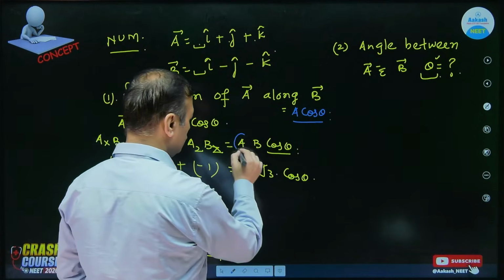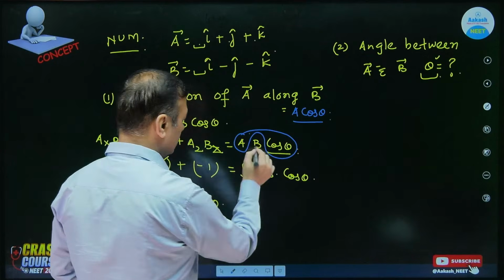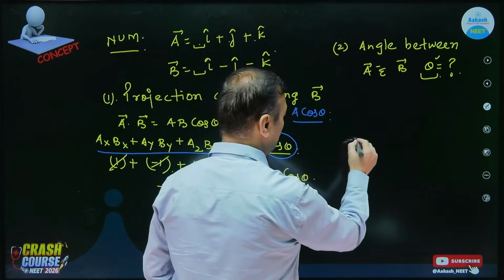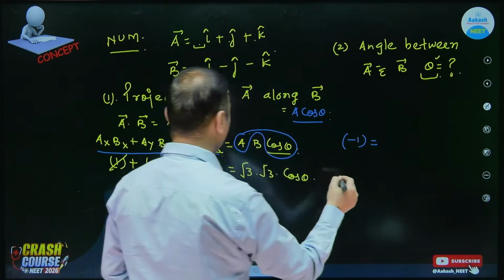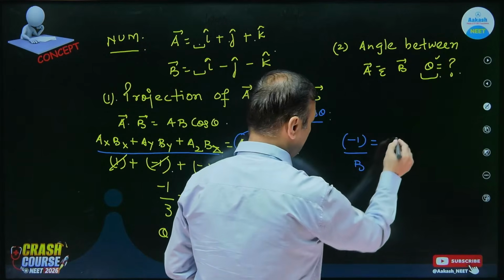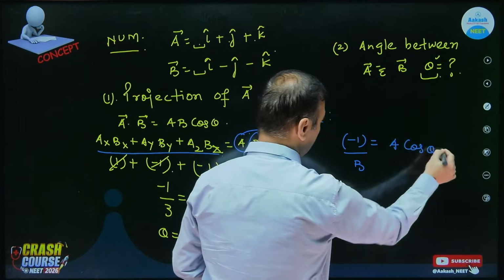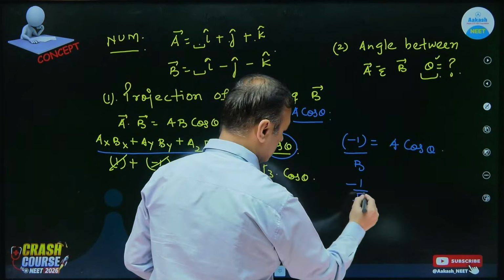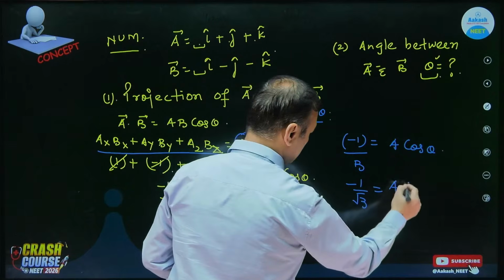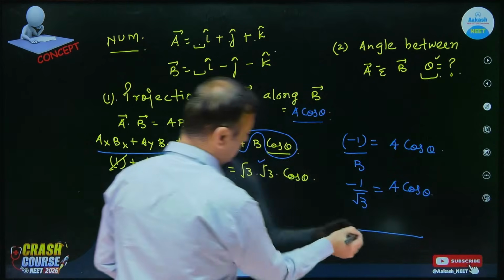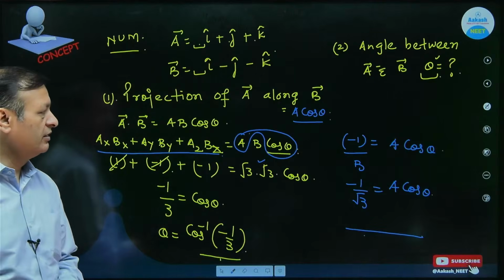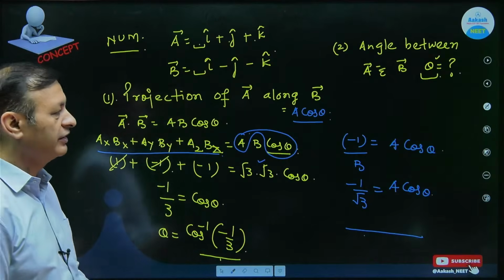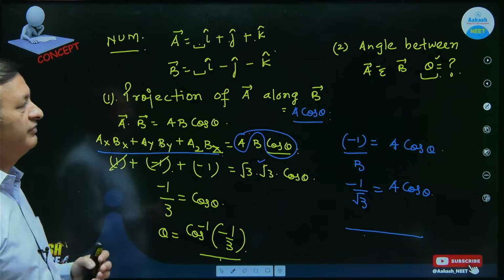What you do is you just leave A cos theta and you divide this part, which was giving you minus 1, and because we have to find out A cos theta, that means minus 1 by, and the magnitude of B was root 3. So this is the projection of vector A along B. These are the two standard questions which you may be asked from this section.